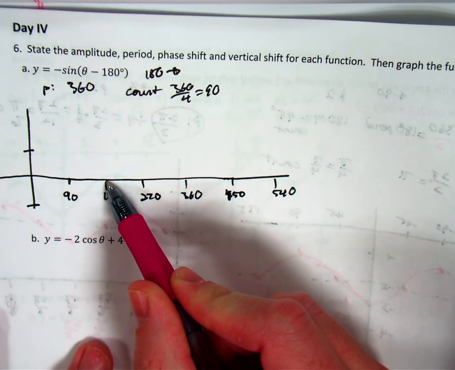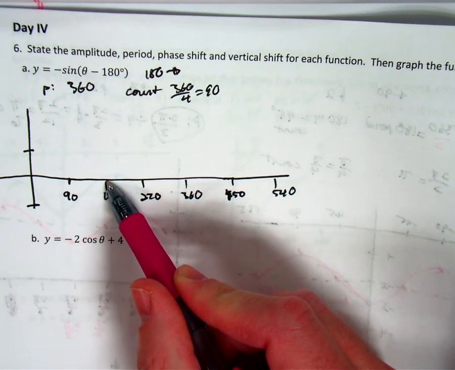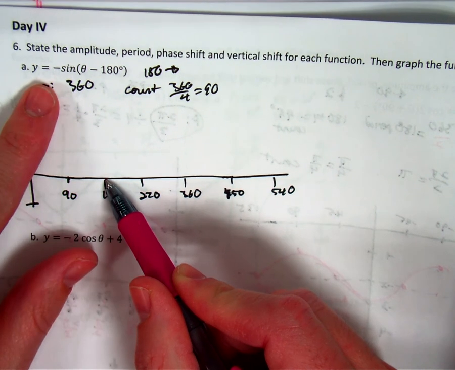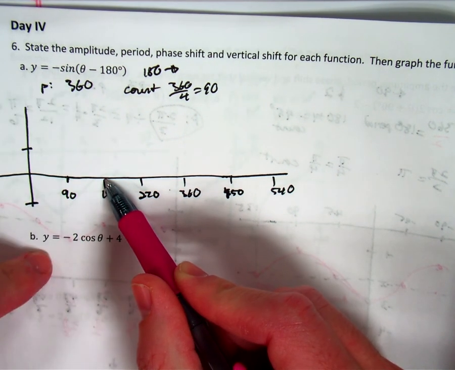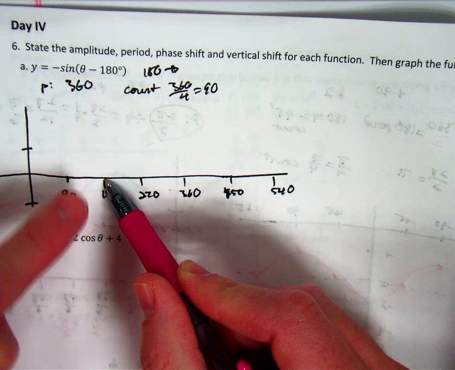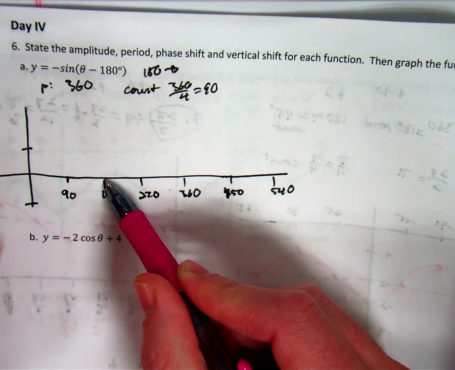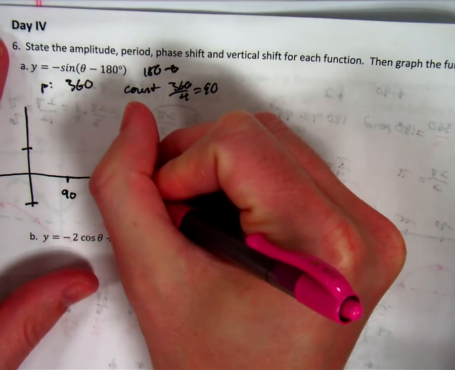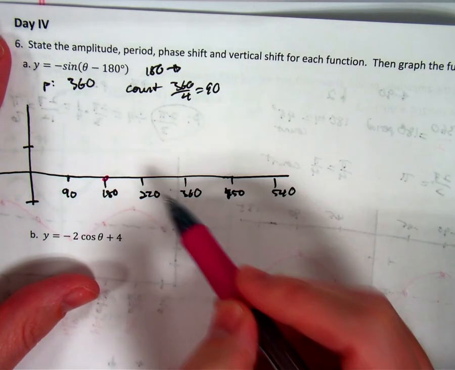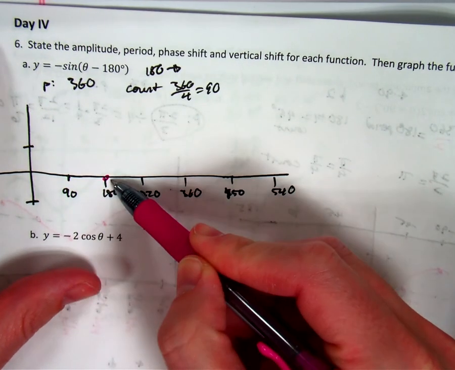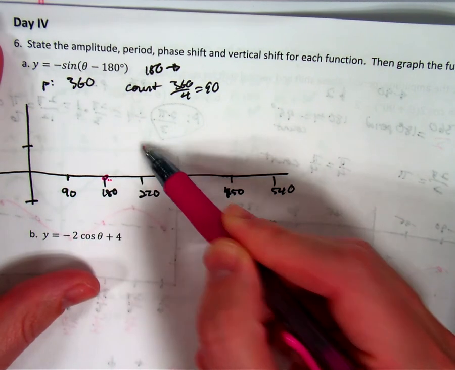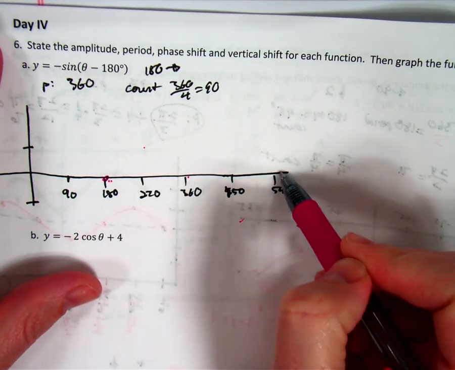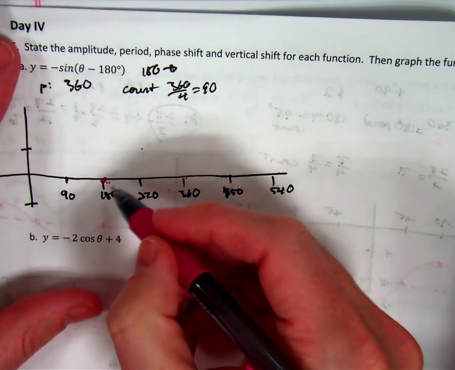Sine starts on the line, so it starts on 0, and the negative really doesn't affect us right away on the first dot. Cosine, the next one you'll see, does affect us on the first dot. But because we start on the line, the negative won't affect us on the first dot, but it does on the second dot. Normally sine goes on the line, up, on the line, down, on the line. With a negative, you just flip the pattern.